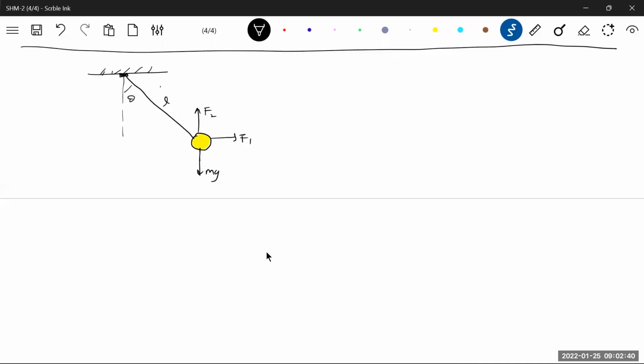Now I am asking you to calculate the time period of oscillation. So it's going to oscillate like this. It will swing here, here. These forces will be continuously acting vertically up. So what are F1, F2?